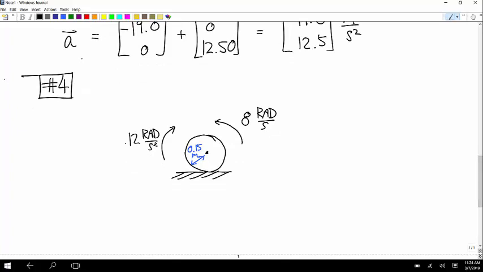Okay, so we know that it's moving, the velocity is this way. And we know that the speed of the center is equal to omega r.